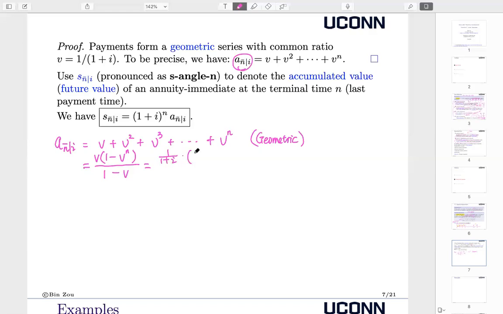So here let's keep this one. 1 minus this term will become I divided by 1 plus I. So obviously we can times by 1 plus I on both sides to remove it, then it becomes 1 minus V^n divided by I.